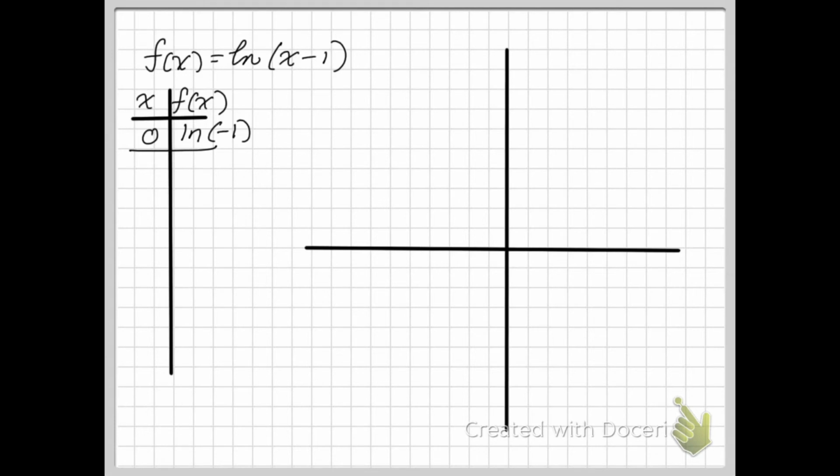And then doing this value here, f of x equals 0, so we're finding the x-intercept, and that'll be ln of x minus 1 equals 0. And then e to the 0, right? e to the 0 equals x minus 1. So it looks like I'm getting x equals 2 for that intercept.